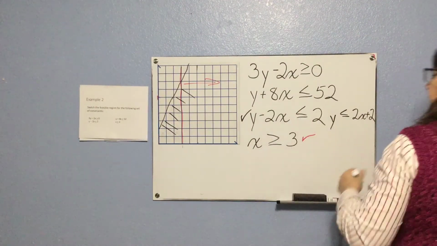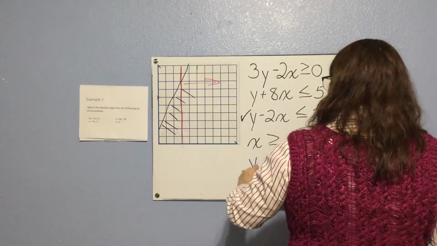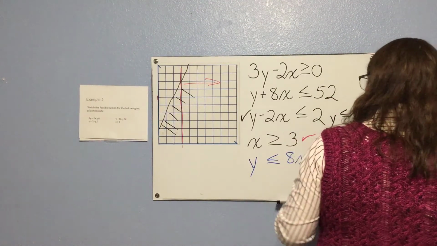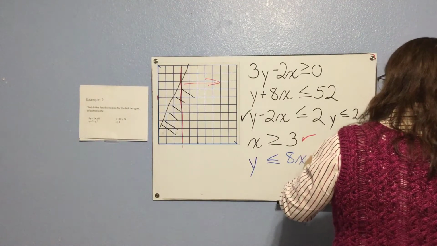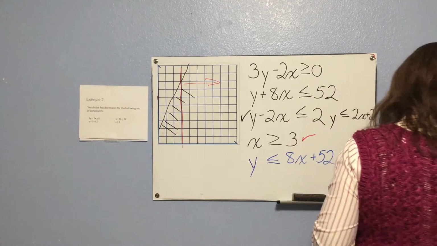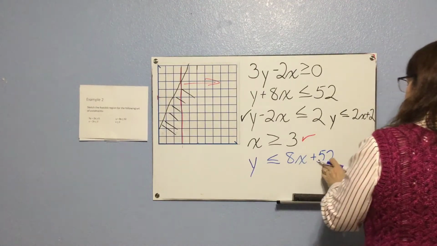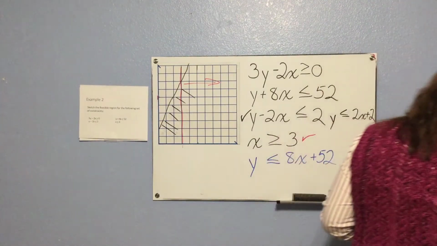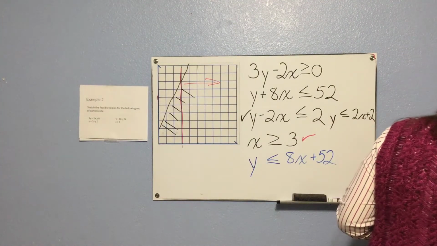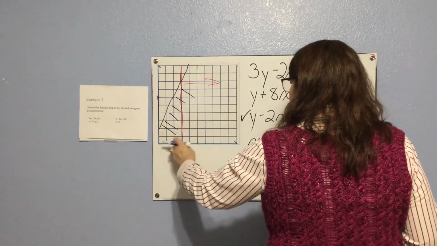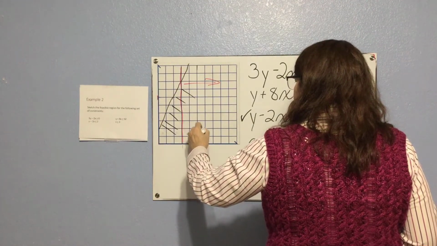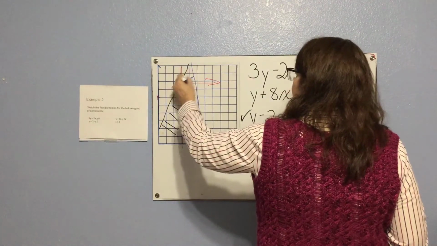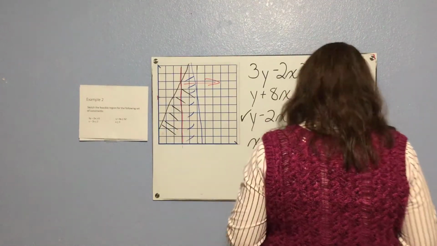Okay, on this one, I would have y less than or equal to negative 8x plus 52. Okay, that's a very high y-intercept, but that line would come down like this. And then y is less than, so it's going to be shaded this way.